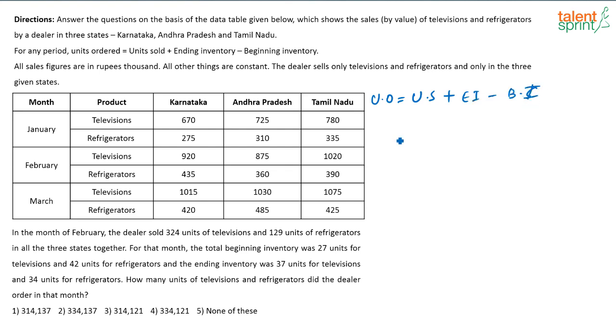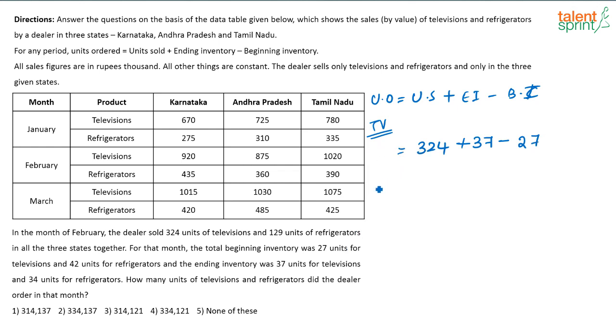So in the first case, I am looking at TV. For the month of February, the dealer sold 324 televisions, and for that month the ending inventory for televisions was 37 units and the beginning inventory for television was 27 units, right?